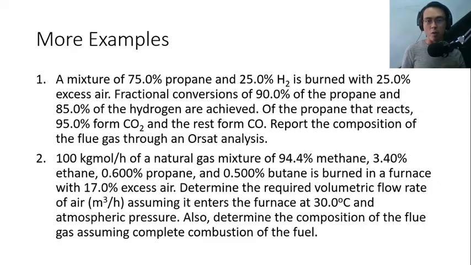In this case, there's no oxygen in the feed or in the fuel, so you don't have to subtract oxygen. After the O2 theo, you go to the percent excess air to determine how much oxygen is fed to the process, and then you process the values of the fractional conversion of the propane and of the hydrogen, and then you perform all of the elemental balances.